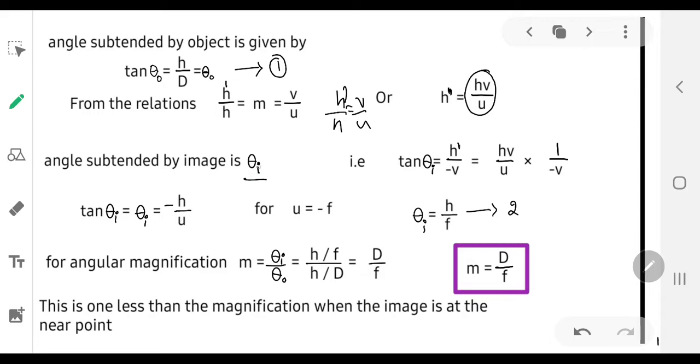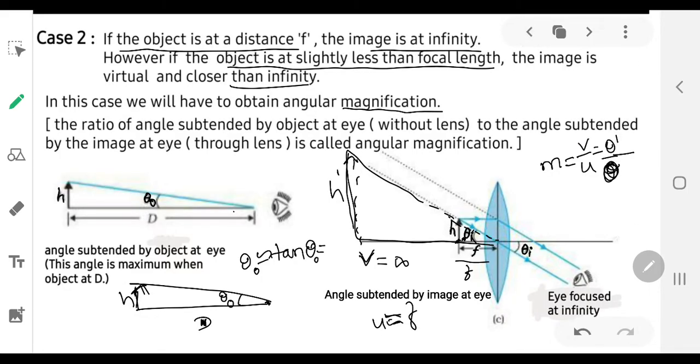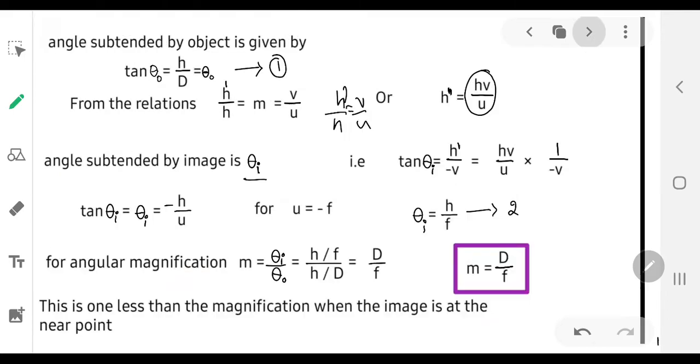For small angle approximation, tan theta I is equal to theta I, which is equal to h dash by v, which is also equal to h by u. So theta I is equal to minus h by u.